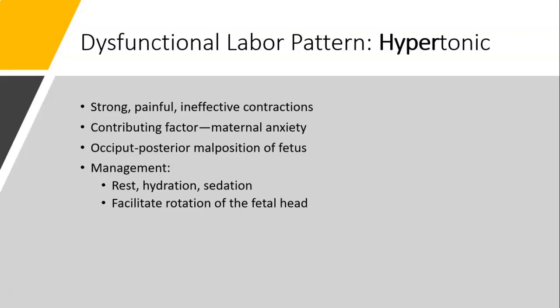A lot of times this is caused by maternal anxiety. So the body is just not allowing that relaxation between contractions. And instead, irregular spasmodic episodes are occurring that do not result in effective contractions or assist in bringing the fetus into a more favorable downward position.